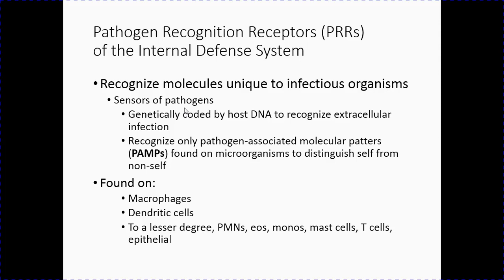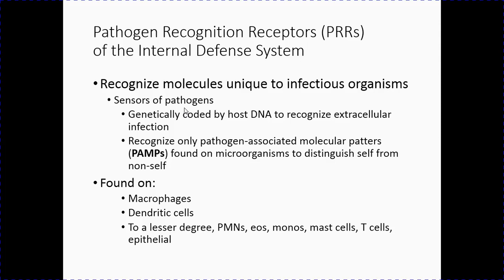PAMPs are recognized by PRRs, and these PAMPs are found only on microbe organisms of some kind. And over time, through natural selection, I'm sure, and all sorts of genetic coding, self does not have any pathogen-associated molecular patterns that are going to be identified by phagocytes and targeted for destruction.